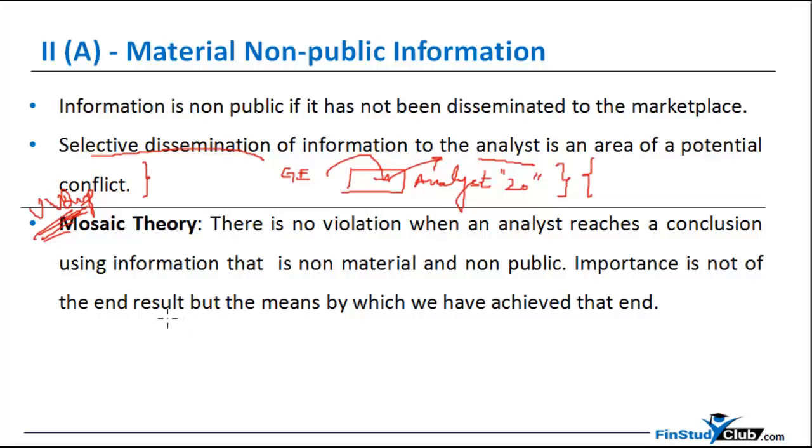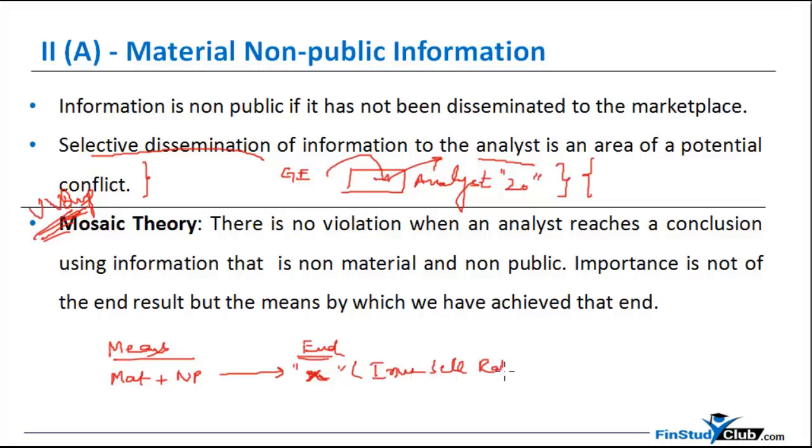exam standpoint. The conclusion so far that we have drawn together is that, let me draw this for you, the means and the end. The means is material non-public information, which leads me to a particular analysis, and I'm naming that analysis X. Maybe X is that we should issue a sell rating on GE.